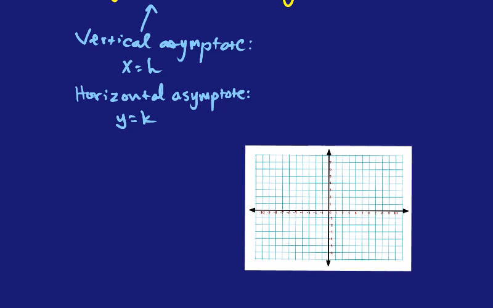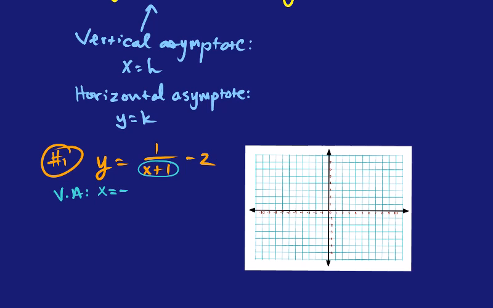So y equals, let's just go with 1 over x plus 1, and then minus 2. The first thing I'll look for is the vertical asymptote. I'm going to look down at the denominator and ask when the denominator equals 0, and that would be at x equals -1.